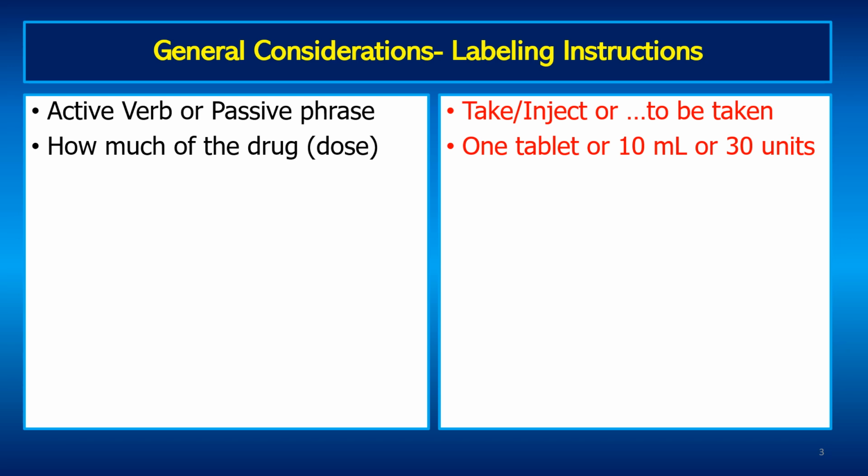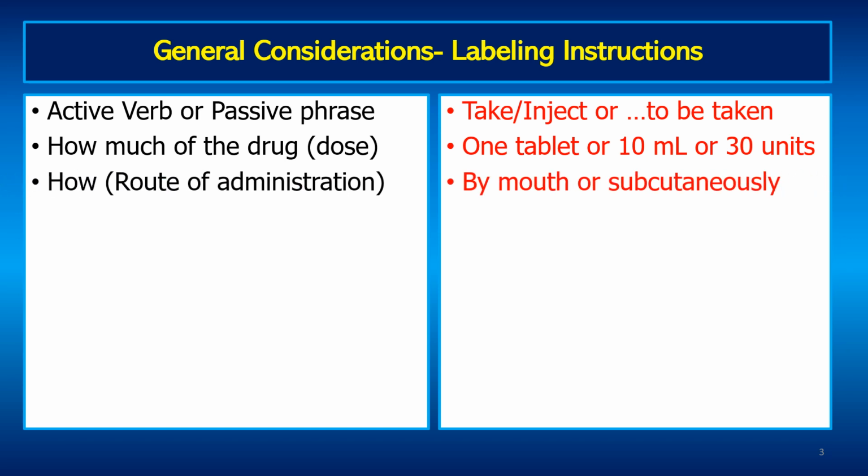Secondly, how much of the drug? So you take 1 tablet, or take 10 mils, or inject 30 units. How are they supposed to take the medication, or how are they supposed to use the medication? And this we refer to as the route of administration.